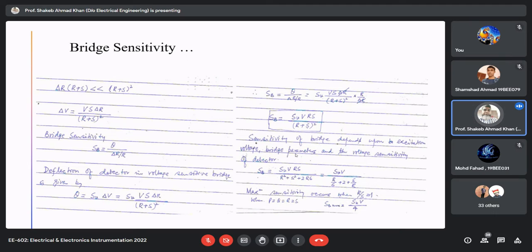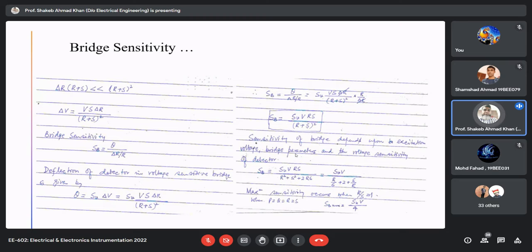Without physically implementing the bridge, you can find out and decide all the parameters, and whether the bridge you are designing will satisfy your sensitivity requirement or not. That means you can measure the required delta R, and you will get a good response with respect to the required delta R. So all these things are possible.